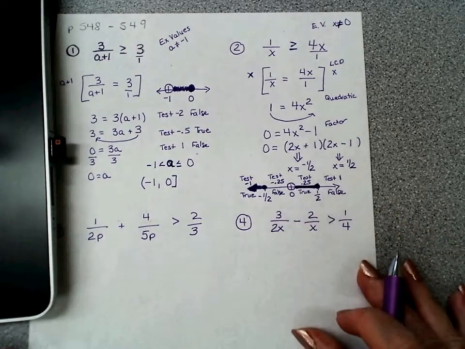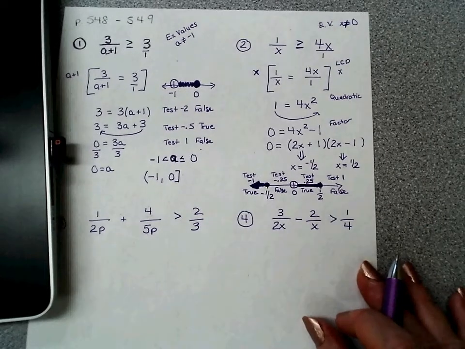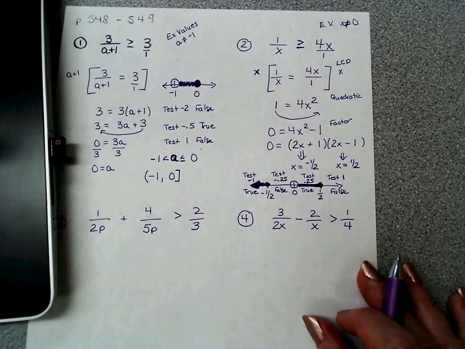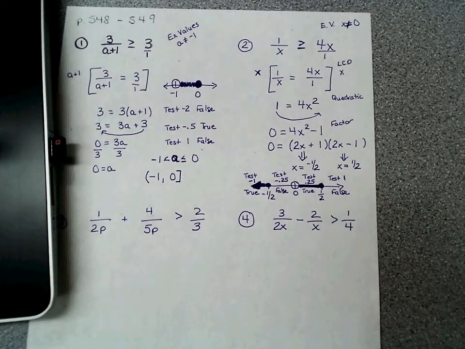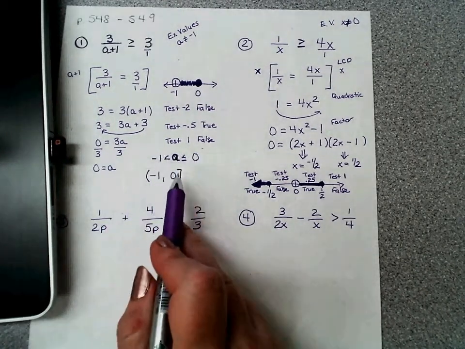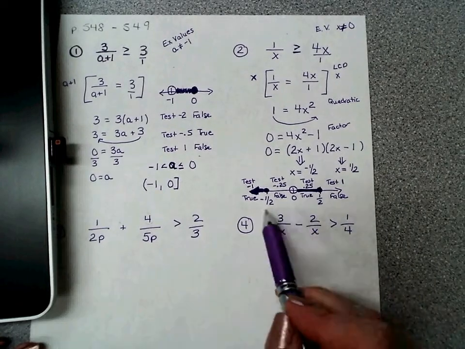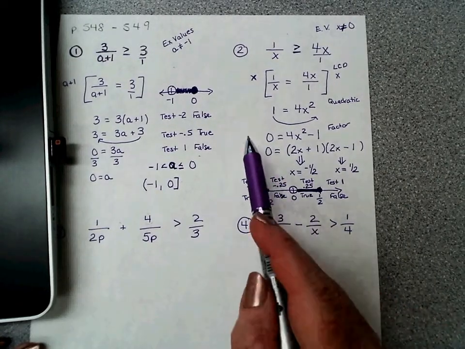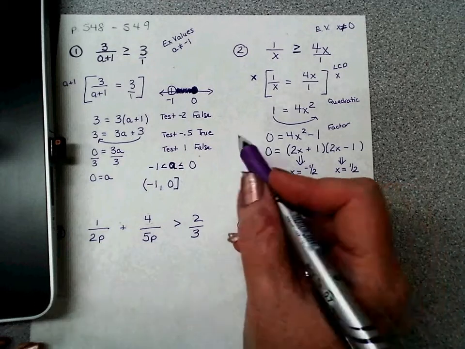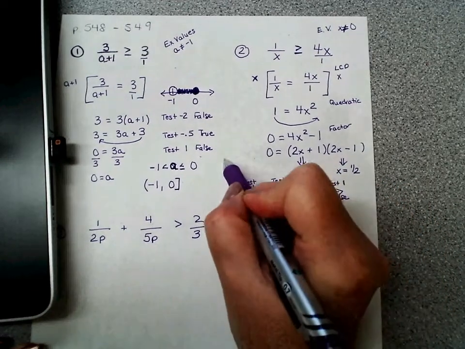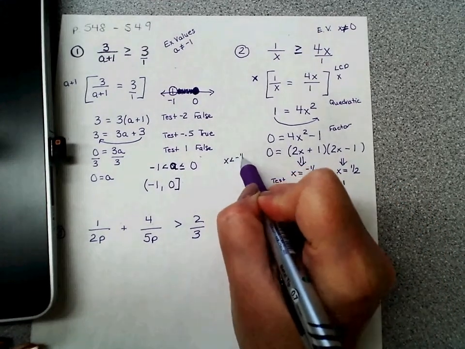Okay, so I shade the true bits, and now I'm going to write the answer with symbols and the answer in set notation. So starting with symbols, and I apologize I don't have a whole lot of room here. I'm going to write it right in here. This part is x is less than negative 1/2.